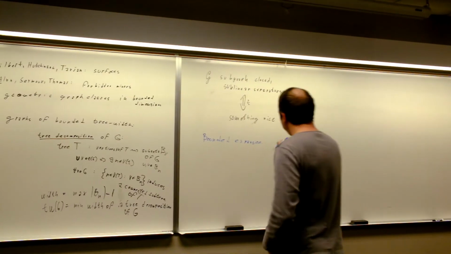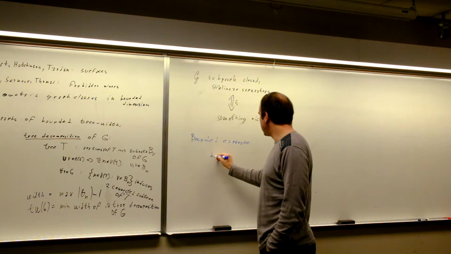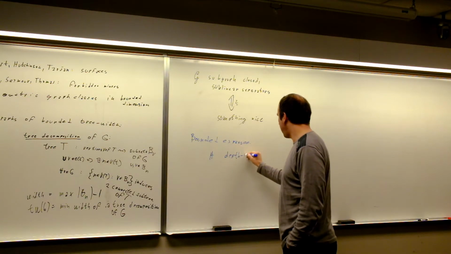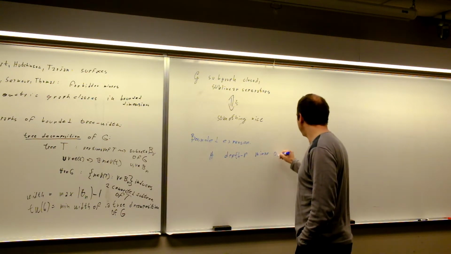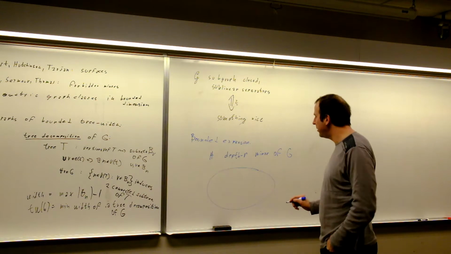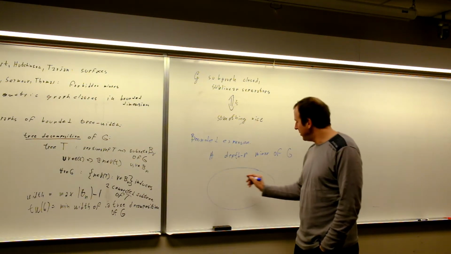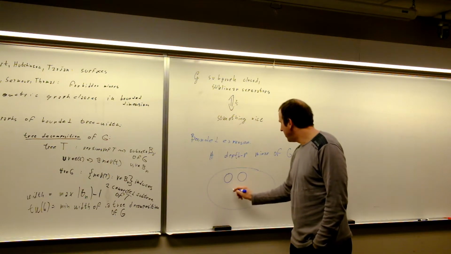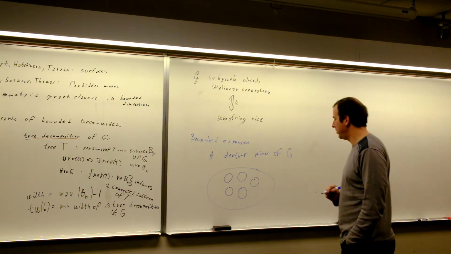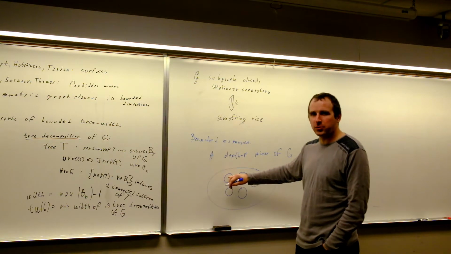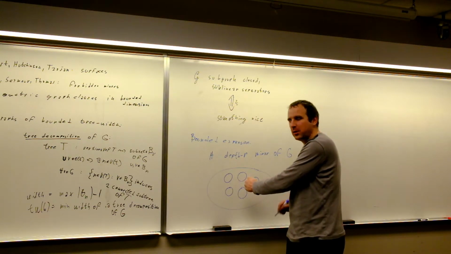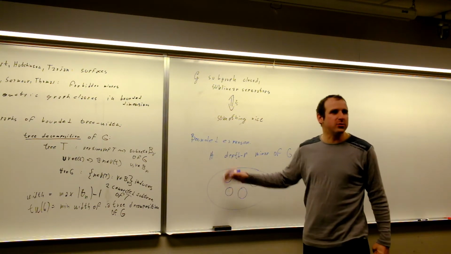So this motivates the following definitions. We say that the graph H is a depth r minor of G if I can obtain H from G by taking some vertex disjoint connected subgraphs of G of radius at most r, contracting each of these subgraphs to a single vertex, and removing all of the other vertices and possibly some of the edges.